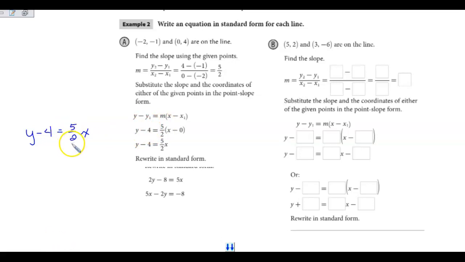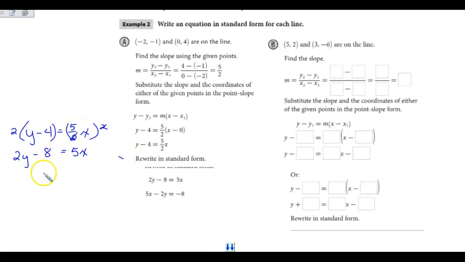They wanted to make sure that it's just all whole numbers. So everything is going to get multiplied by 2. And by doing that, that simplifies that to just being 5x. And this is going to be 2y minus 8. And so there we get our 2y minus 8 equals 5x. So that's where that came from. We just got rid of the fraction portion of our slope here.